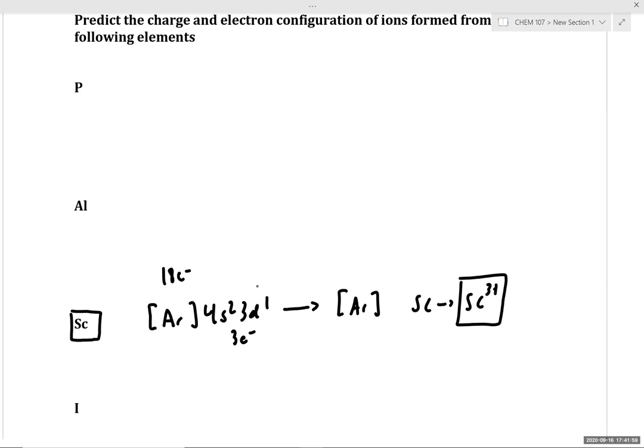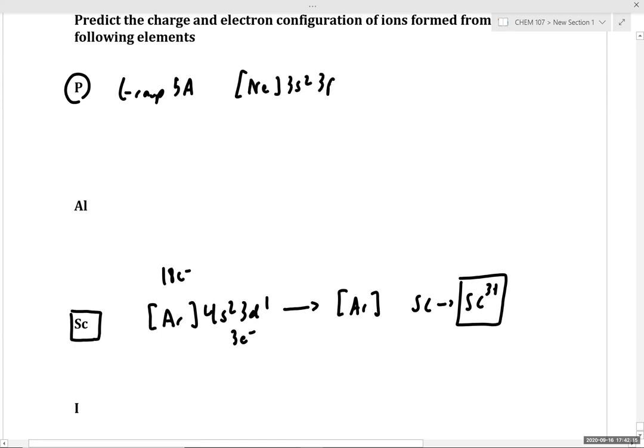So let's discuss this example here. Phosphorus is a group 5A element. Just to make sure that we have a nice reference to go off of, it has a configuration of neon 3s2 3p3. So using our formula, our charge is equal to the group number, which is 5 minus 8, which would be minus 3.